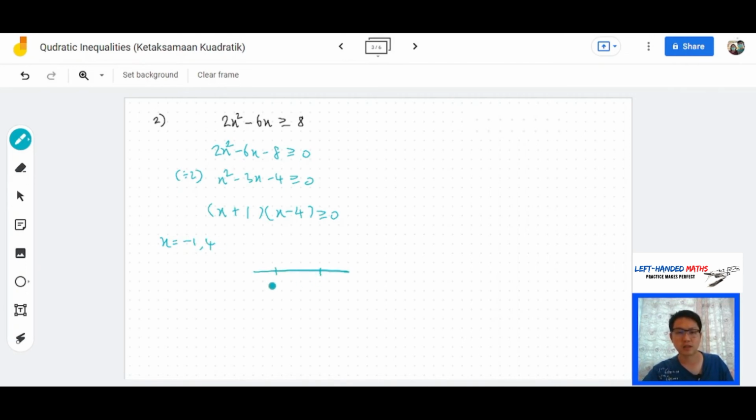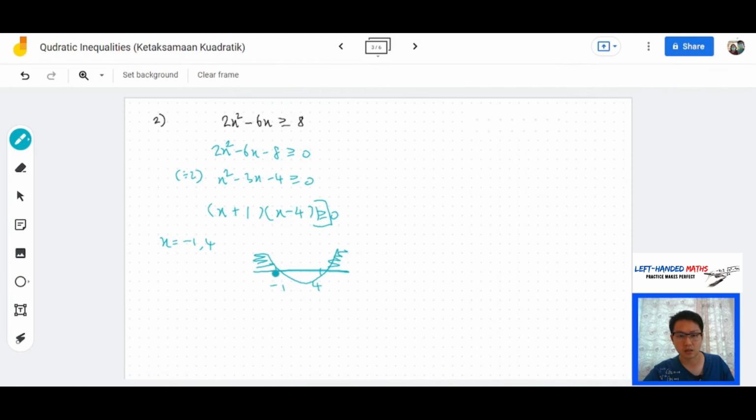So we have a sketch, -1 here and 4 here. Then we make a conclusion to write the answer. We have to look at the sign: more than means positive, so we just take the range above the x-axis.